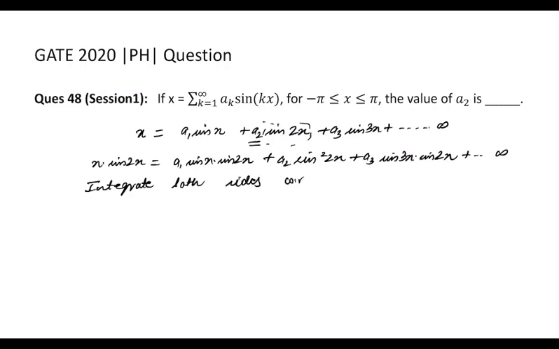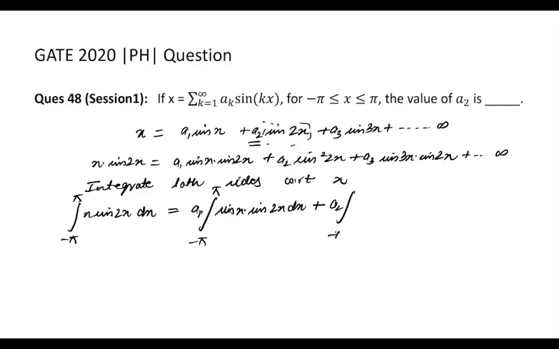With respect to x, and limit will be minus pi to pi as given in the question itself. So you will get a1 integral from minus pi to pi of sine of x sine of 2x dx plus a2 integral from minus pi to pi of sine square 2x dx.